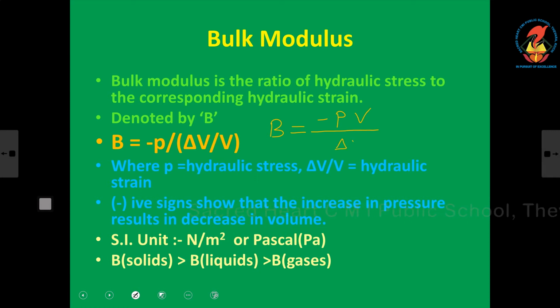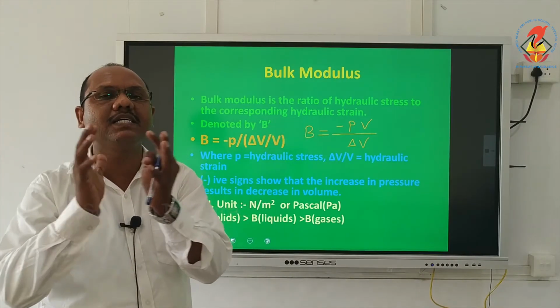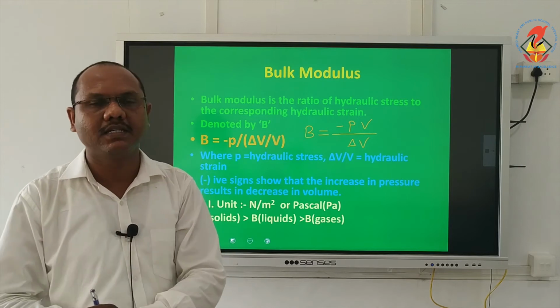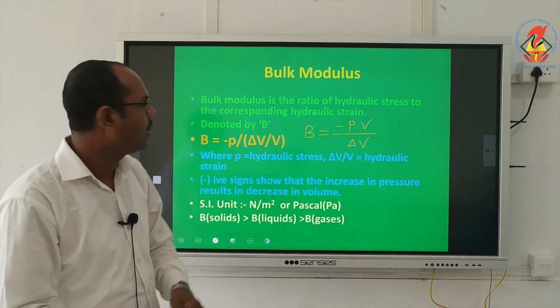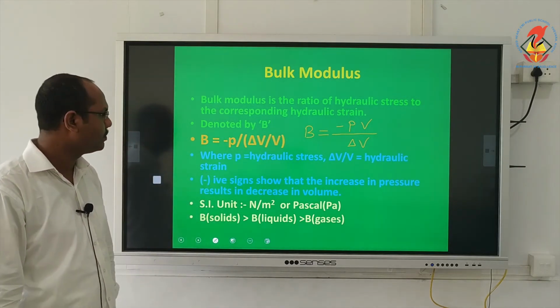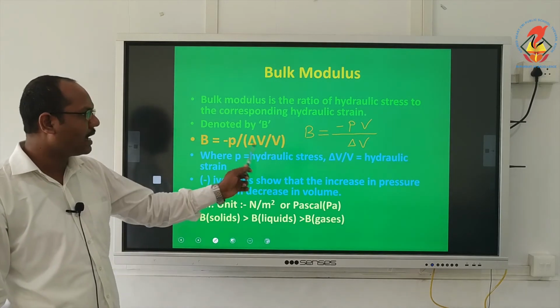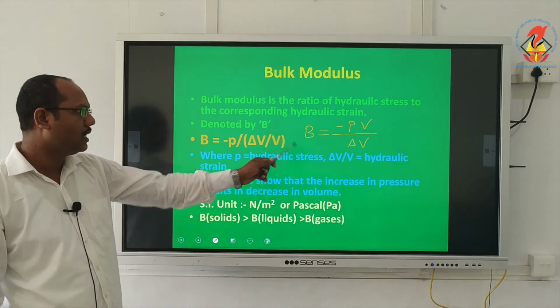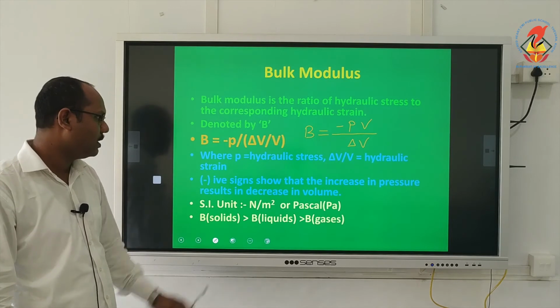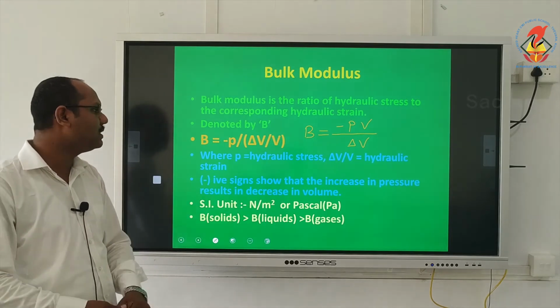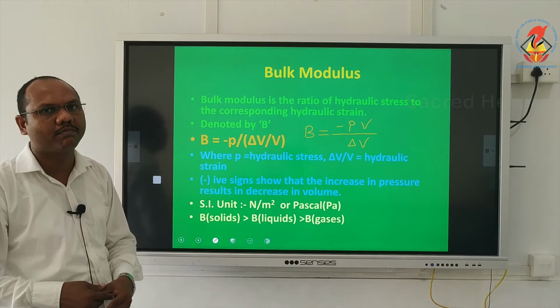So, PV by delta V. Bulk modulus is equal to minus PV by delta V. Why am I putting a negative sign? Because when the pressure is applied, volume is decreasing. So, to show the decrease in volume, I have put a negative sign. Okay. So, P is the hydraulic stress, which is the same as pressure, and delta V by V is the hydraulic strain. The negative sign shows that an increase in pressure results in a decrease in volume.